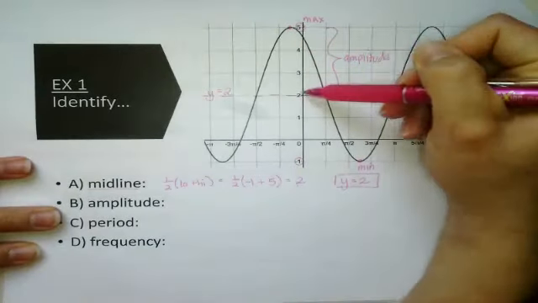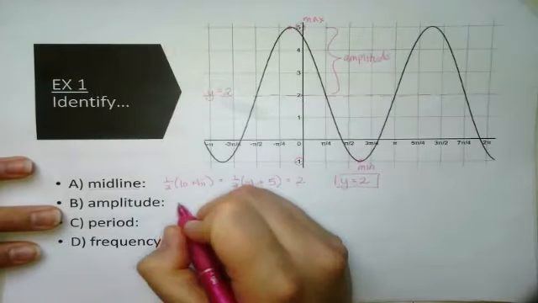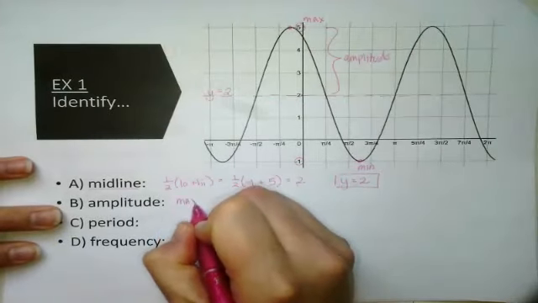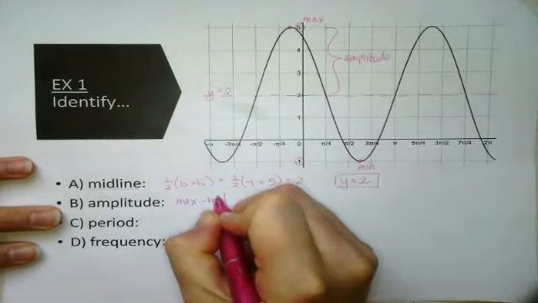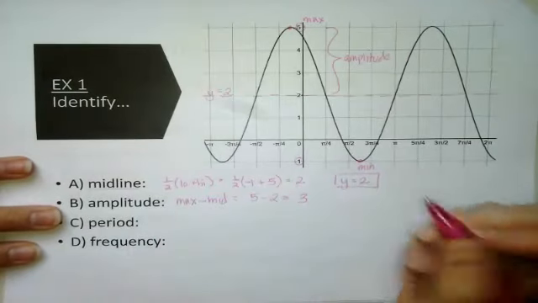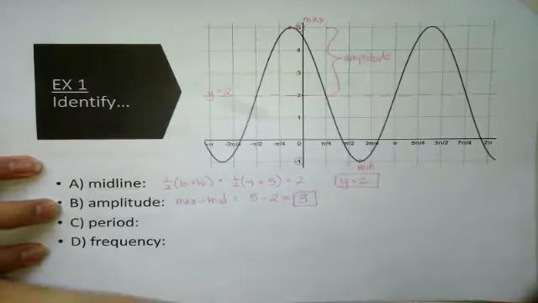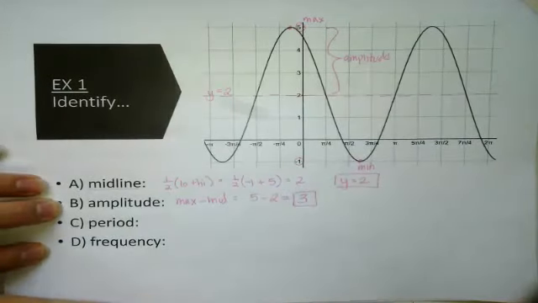I can see that that distance is 3. Pretty easy to see, but we could do the maximum minus the midline. So 5 minus 2 gives you an amplitude of 3. And remember, an amplitude is always a positive value. It's different than A. A is any number, but amplitude means a positive value.